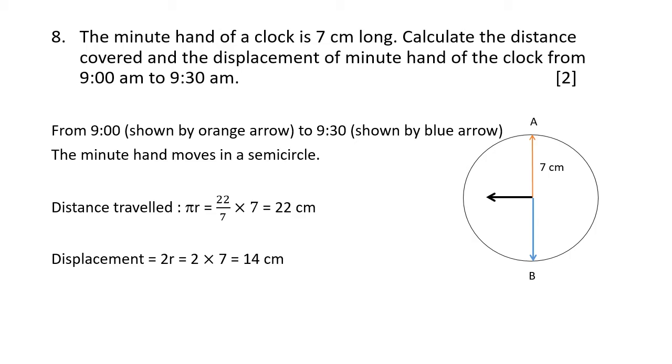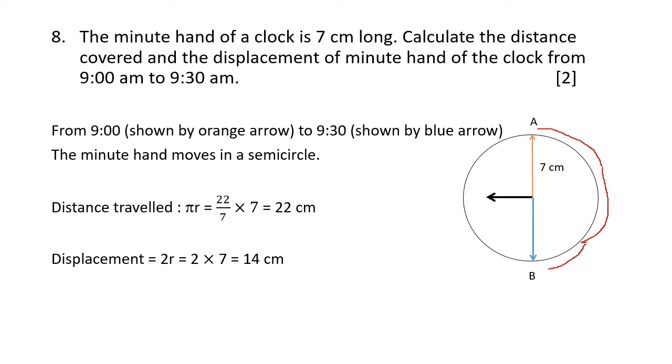When the time is 9:30, it moves to B, which I have shown with the blue arrow. So what you can see, the distance traveled from A to B. The minute hand is moving from here in a semicircular motion up to B.